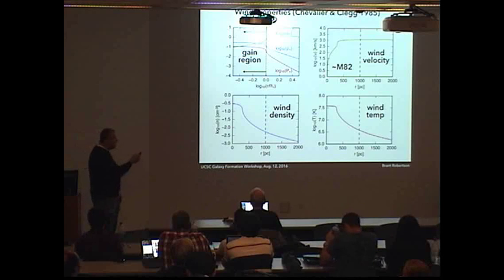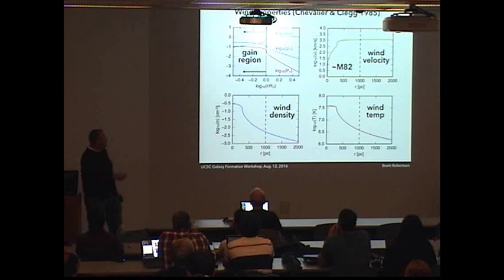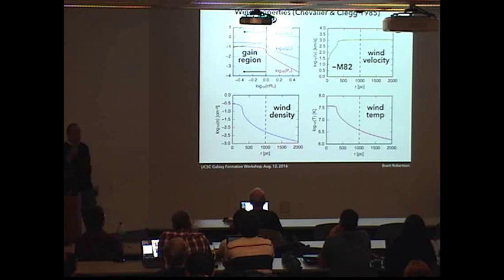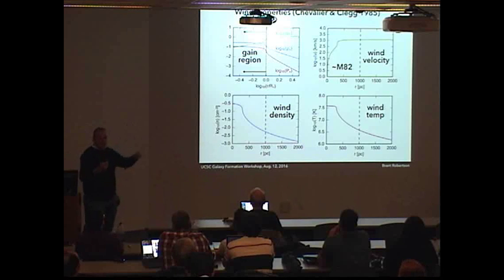There's a sonic point in that gain region beyond which the outflow becomes supersonic. The outflow reduces its density in an adiabatic way, so you can see the wind velocity flattens out, whereas the density and the wind temperature go down, and we're just going to pretend we're a kiloparsec away from M82. That's what we're pretending. So we're putting some cold material a kiloparsec away from M82. What's going to happen to it?